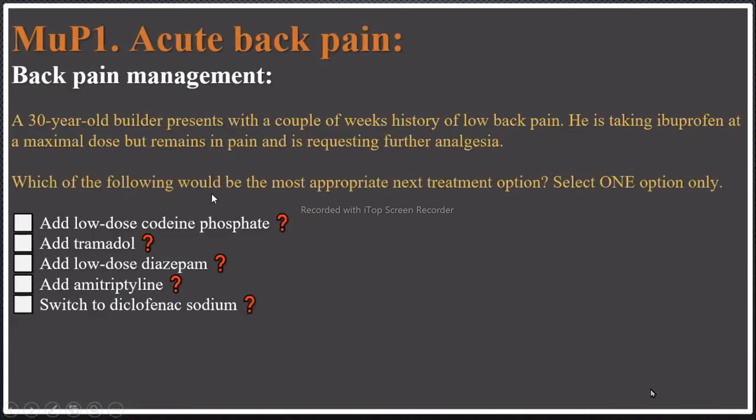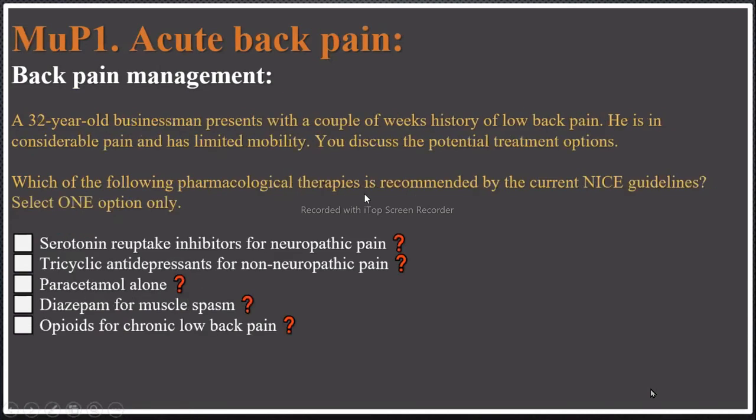Which of the following would be the most appropriate next treatment option, guys? Low dose codeine phosphate. Okay. Which of the following pharmacological options is recommended by current NICE guidelines?